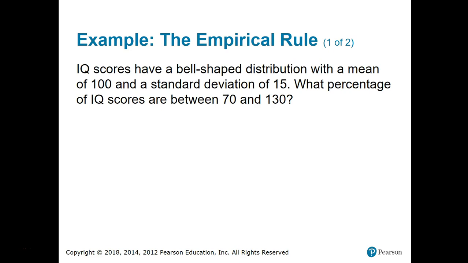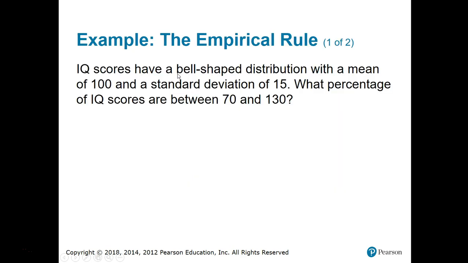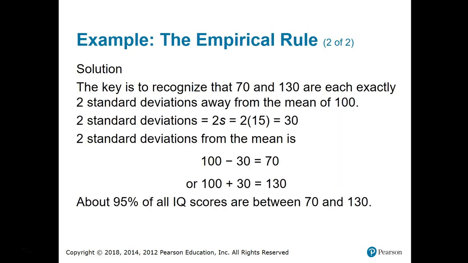So we're talking plus or minus 2s. We can go back up to here. Minus 2s to plus 2s, 95% should be within 2 standard deviations. And so 95% of all IQ scores are going to be between 70 and 130, approximately.